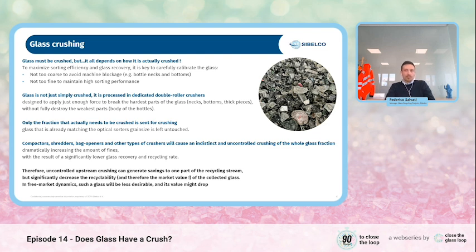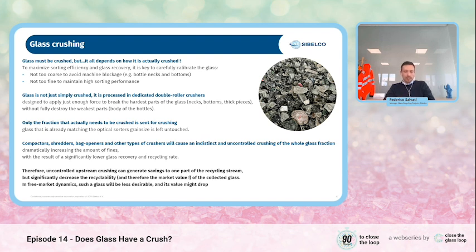So the glass is not just crushed in any way, but we use dedicated and specific machines to do the job. These are generally roller crushers, and we design them to apply just enough force, the minimum amount of force, to break the necks, the bottoms, the very thick pieces of glass, which are the very strong ones that really need to be crushed, but without wasting energy and without going to a full crushing where we break the weakest part of the bottles, for example, the body of the bottles.